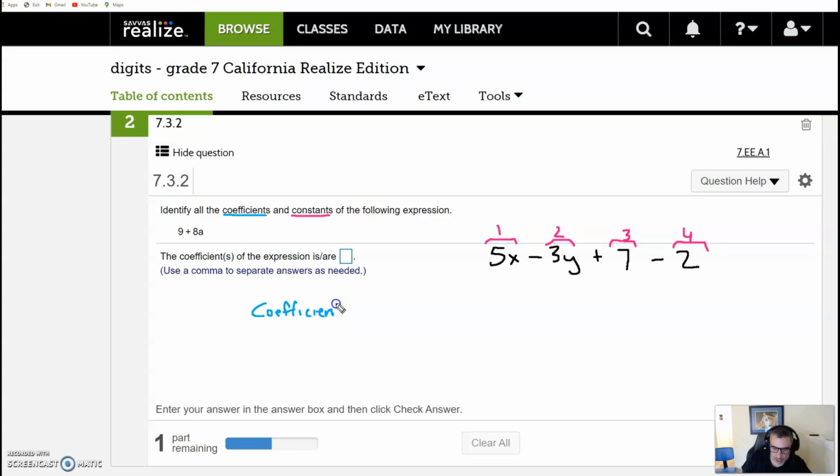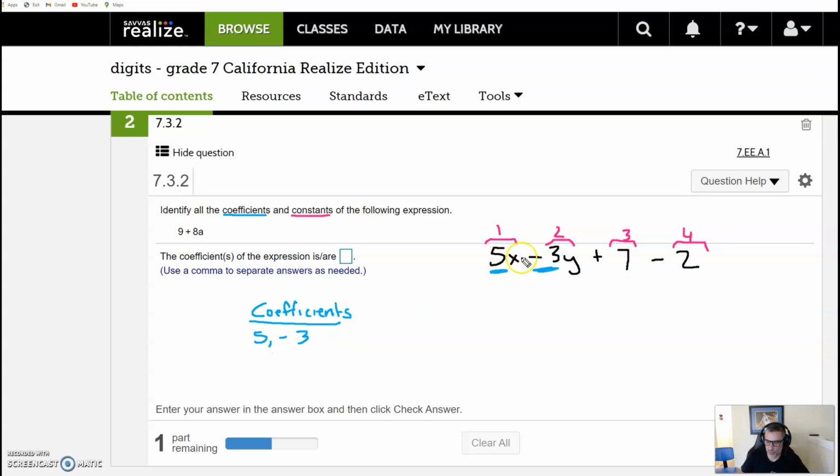So I'm going to make a list of my coefficients over here. So my coefficients, all right, 5 is being multiplied by x. So that's my first coefficient. Okay, it's the number being multiplied by the variable. Here, we got to be careful. If there is a subtraction sign, we have to include that as part of our coefficient. So this is actually negative 3 times a y. So my coefficient in this case is actually negative 3.